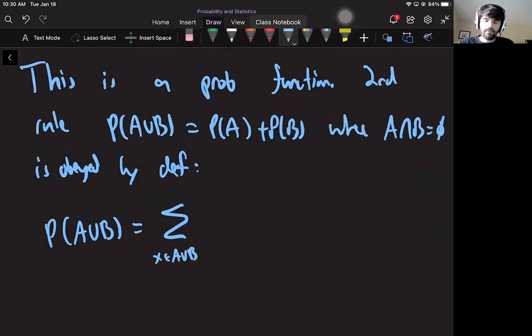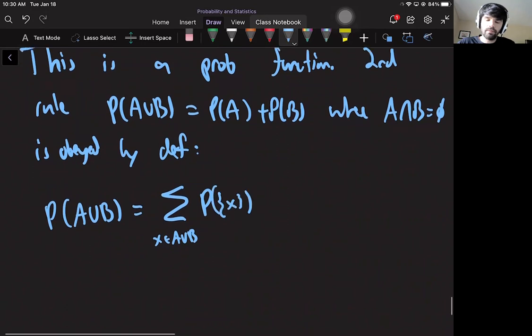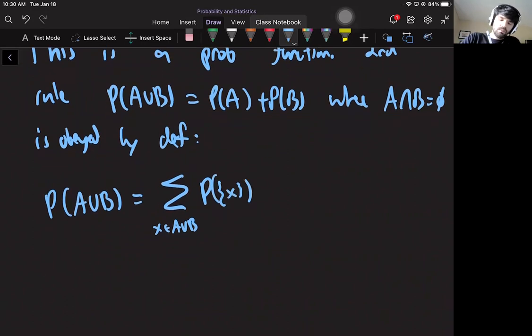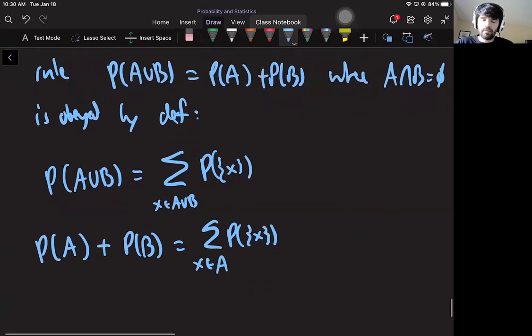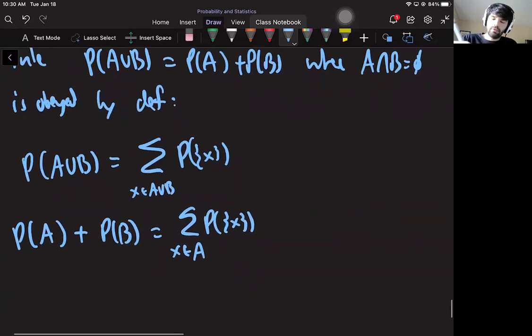So I just add up the probabilities of the individual outcomes in A union B. But because they're disjoint, there's no overlap. So I'm not double counting when I do them individually. When I do this, I'm just saying add up the probabilities for A and B independently.